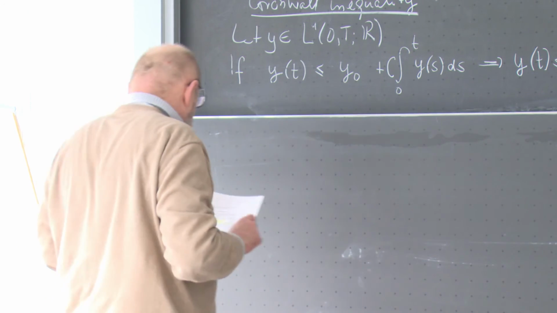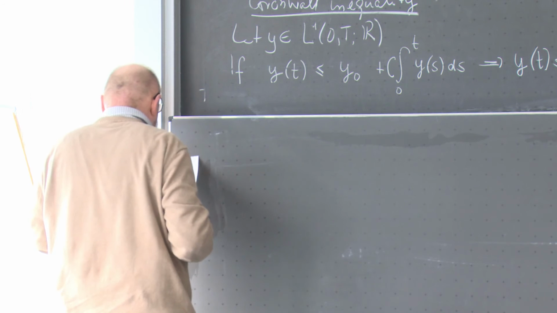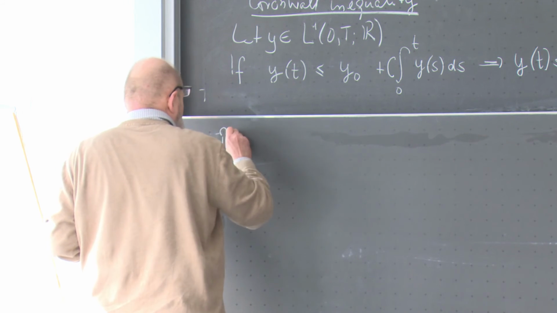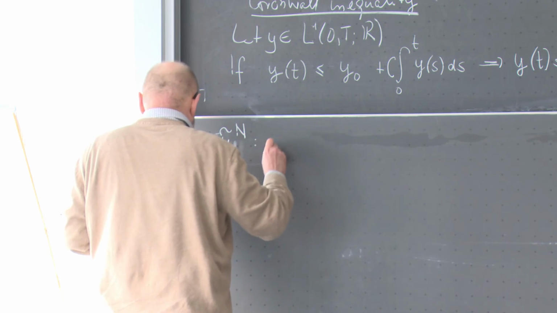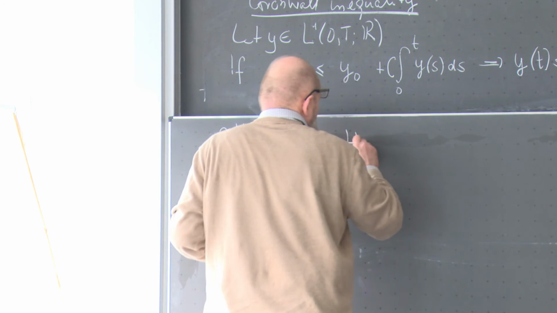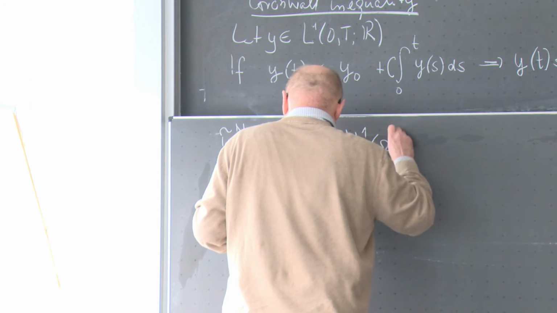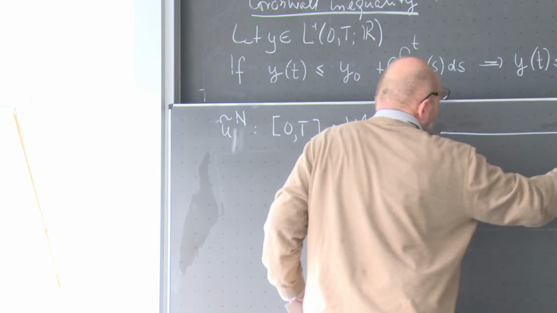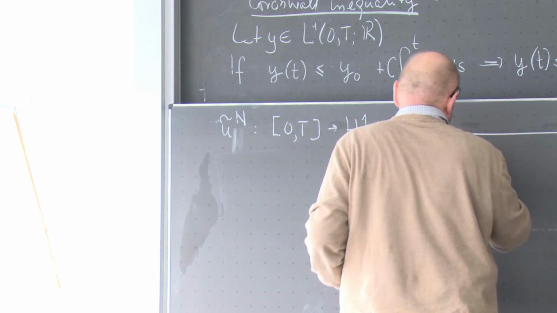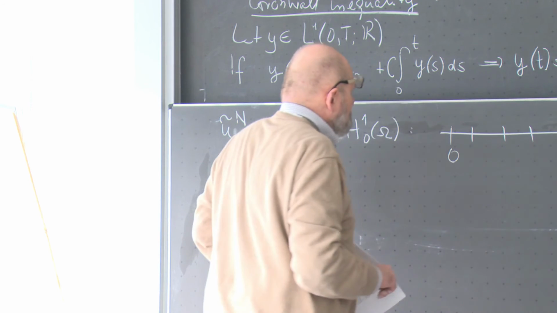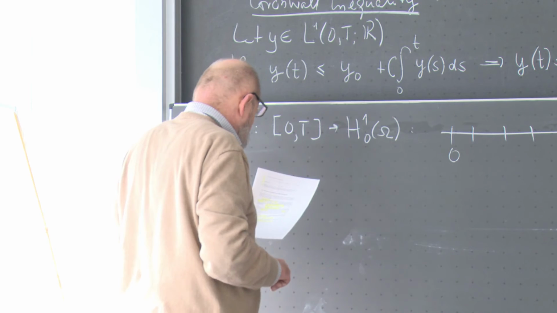This function we will call ũ_n, a function from [0,T] to H^1_0, and it is defined in the following way. It is piecewise constant, so we have here our interval and our equidistant distribution in the t_k.